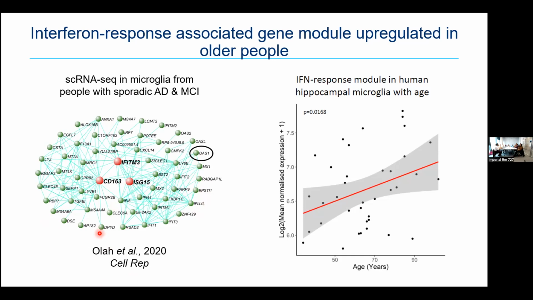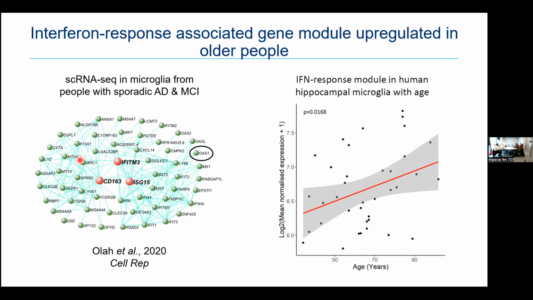We can use this module of genes and go back into the GTEx data set. I'm sure most of you are familiar with the GTEx data, where you've basically got gene expression from a variety of tissues from people that vary in age from about 40 years of age to around 95. These people are overtly healthy. There are no obvious cognitive problems or pathology in them.